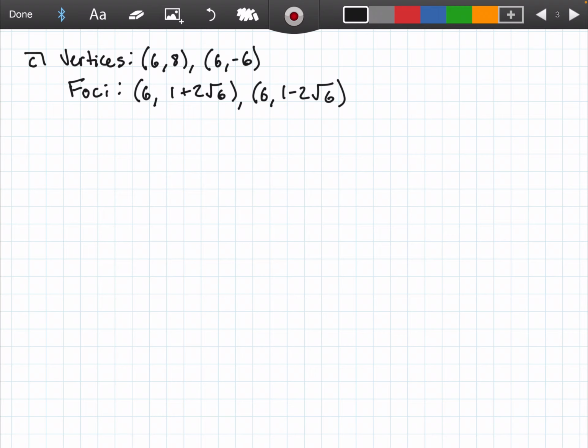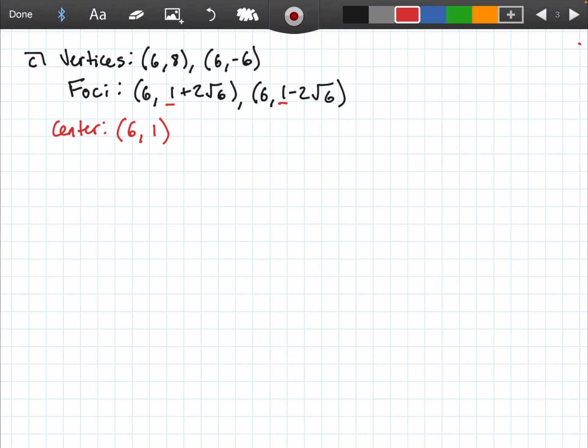This time I know I'm going to have a vertical ellipse because my y-coordinates are what's changing between the vertices and the foci. This time I can just pick out the center by using that little friend right there. So I know my center is going to be 6, 1.